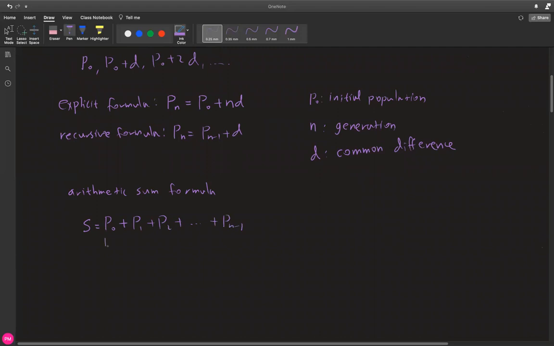As you can see, this is n terms, because if you count from 0 to n minus 1, there are n terms here. It is defined as the initial population plus the last term in the sequence, and you simply multiply that by the number of terms and divide by 2.